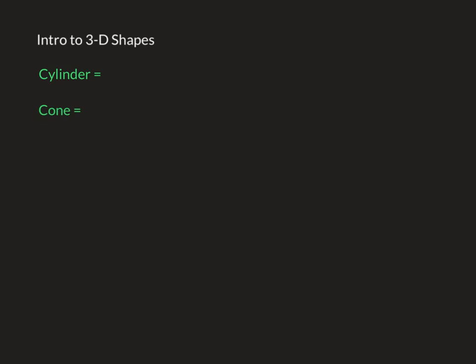We have learned, when we learned about polygons, that polygons had to have all straight edges, so anything with a circle or oval base would not be technically considered a polyhedron. However, you guys are probably familiar with these two 3D shapes. A cylinder is, we'll just say that it is a prism with circle or oval bases.